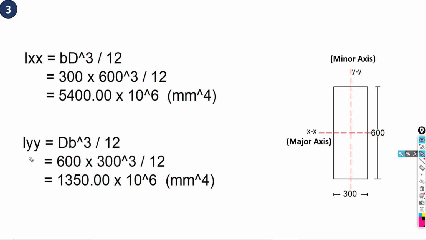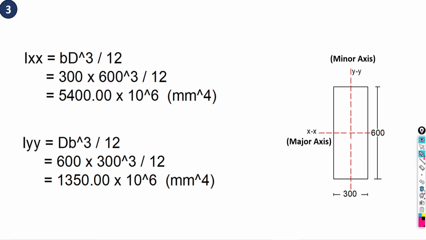Likewise I am going to do the calculation for the moment of inertia about the y axis. For this y axis, the earlier depth is going to become the width, so I put it here as d, and the width is going to become the depth, so b cube. After doing this calculation, we get 1350 into 10 raised to 6 mm raised to 4. Now my dear friend, you can decide which axis will be the major axis and which will be the minor axis.